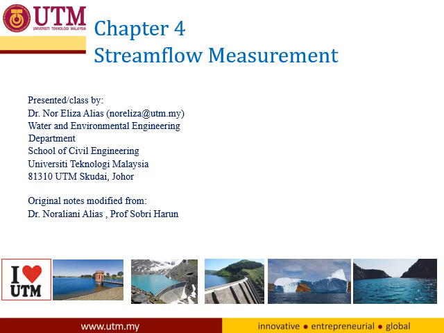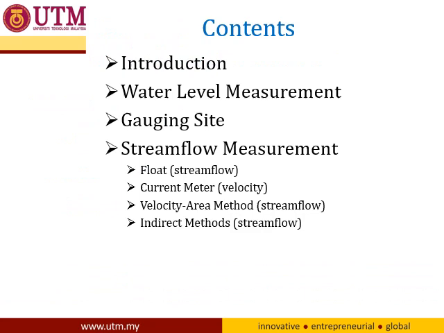Hello, so this is chapter 4, Streamflow measurement. For this chapter there will be some introduction, just a recap on how it is related, water level measurement, gauging site, and stream flow measurement. There are two main methods: the float method and the velocity area method.